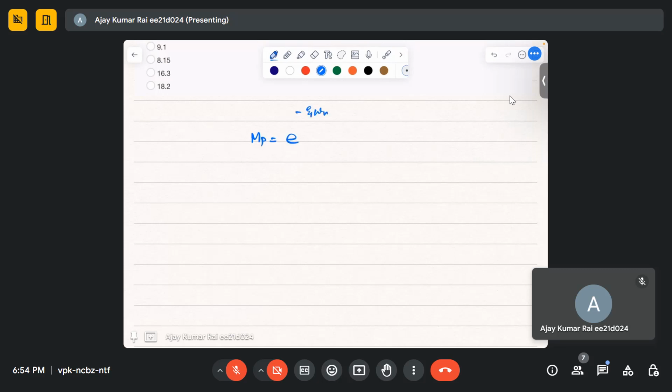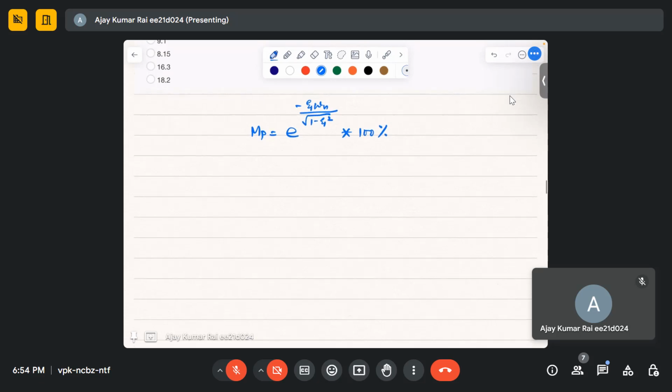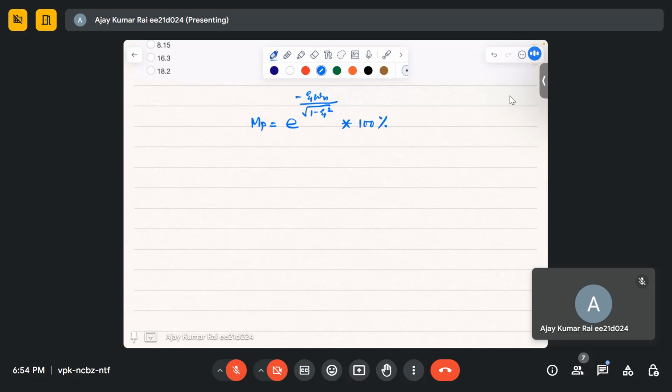It's better you remember these formulas, it's very important in your exams. The peak overshoot is e raised to power minus zeta into pi by root of 1 minus zeta square, in percentage.